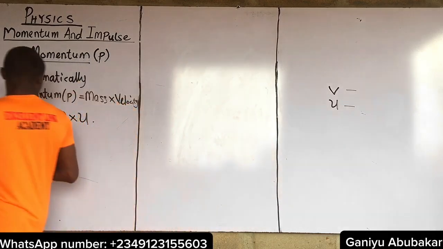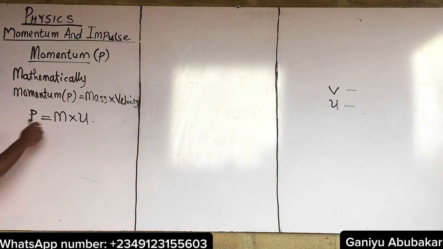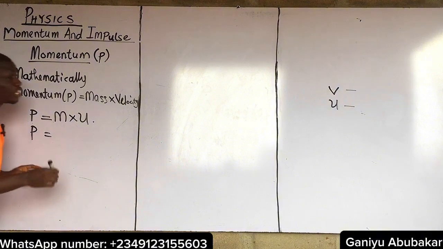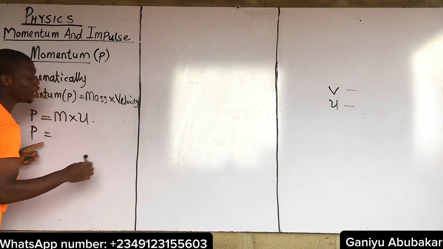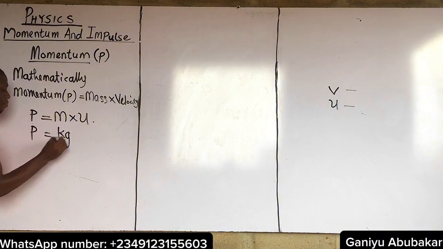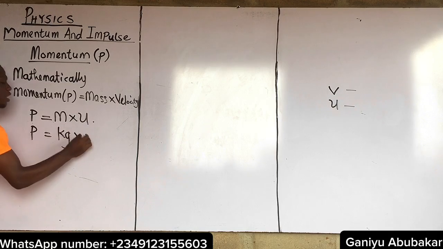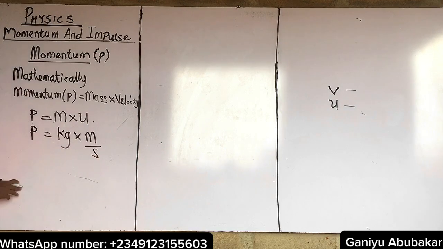If this is true, let's get the SI unit for momentum. Momentum p is equal to mass times velocity. Mass is measured in kilograms, and velocity is in meters per second.